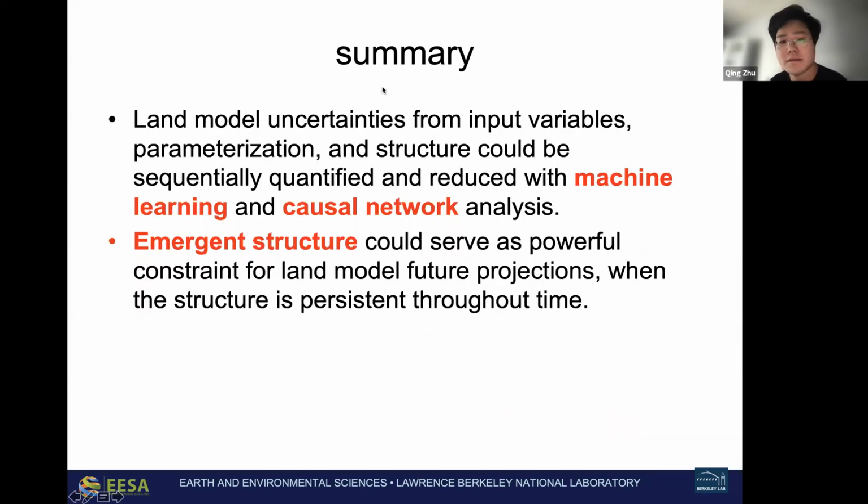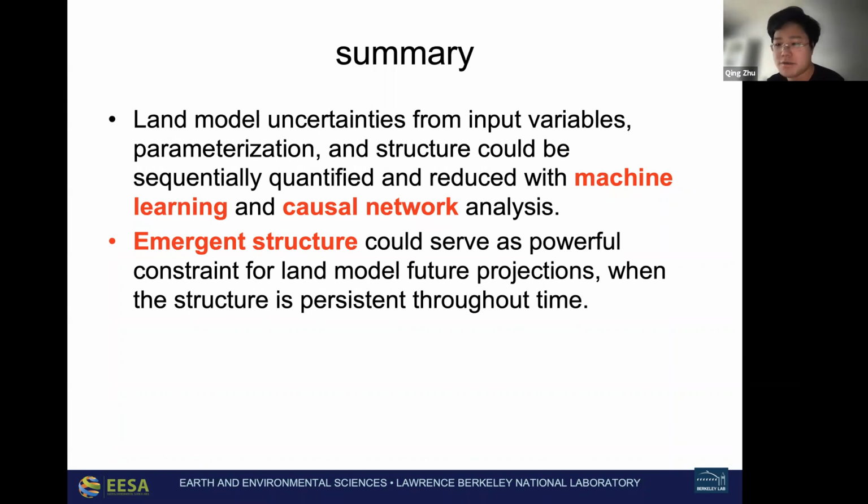And so to summarize these two works, we actually have an uncertainty reduction framework that combines machine learning and causal network analysis that we can use to constrain multi-model projection, or even if we have one model but we have different realizations that also can work.